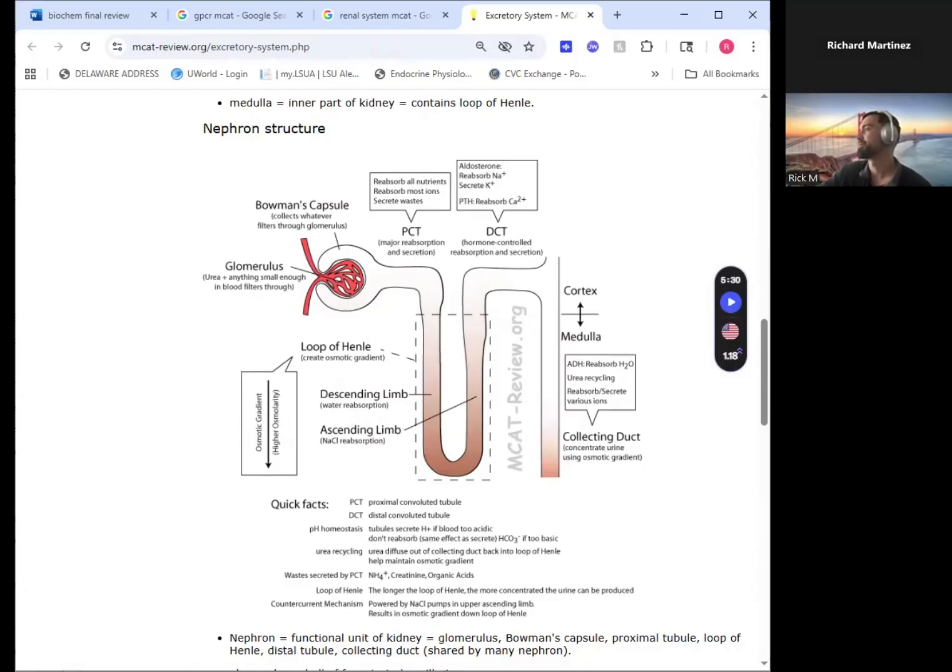Why am I bringing this up? Yes, because if we're bumping Cl minus out of this thing, water's going to follow. And that's how you're going to get diarrhea, cholera poisoning, cholera toxin. That's all from this. So you just learned something.